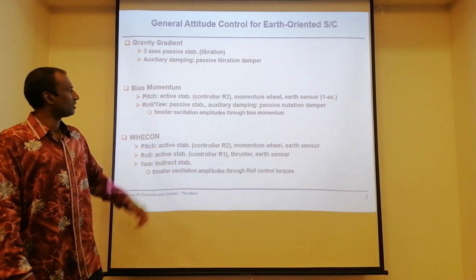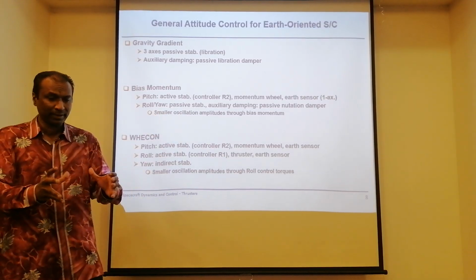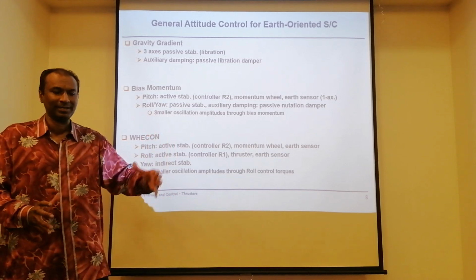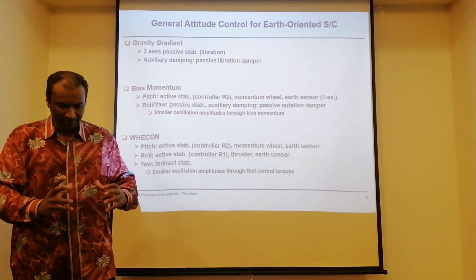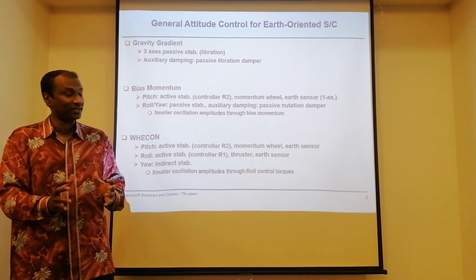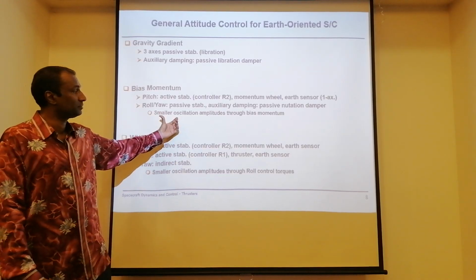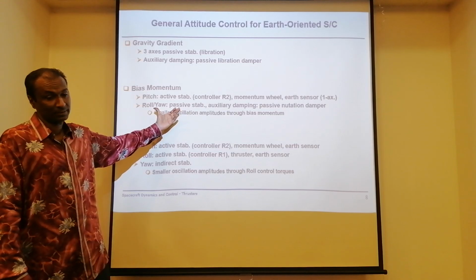Then roll I have passive stabilization, because when I have a bias momentum, as we have also seen in the previous chapter, it gives me a gyroscopic stiffness for the roll and yaw when you embark your momentum wheel along the pitch axis. So it's not bad. It gives me a good auxiliary passive stabilization.